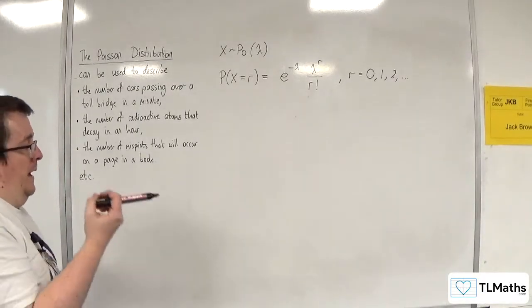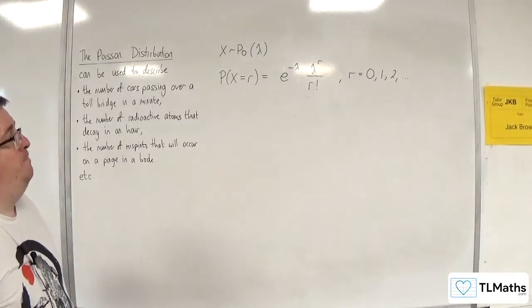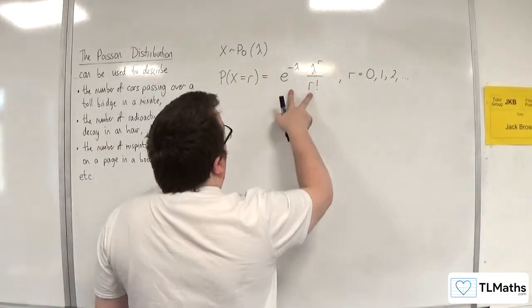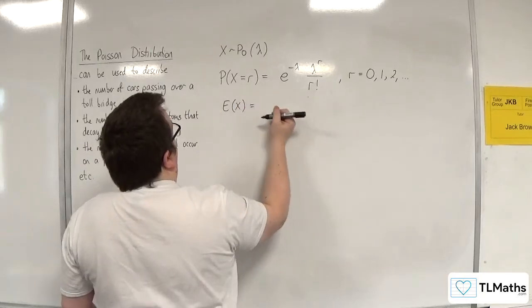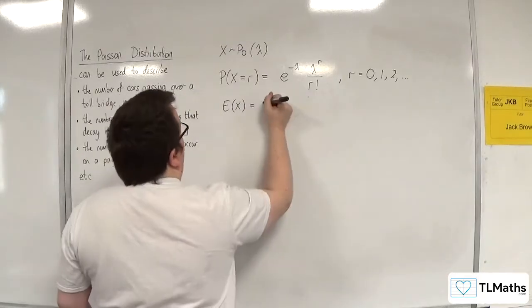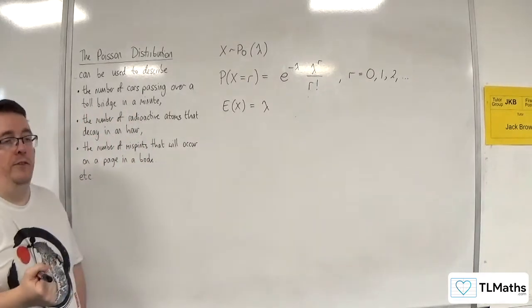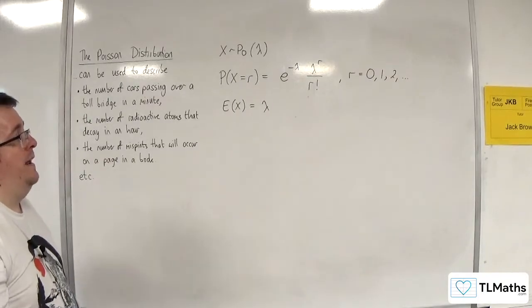Now, a couple of other things about the distribution itself. We also have E of X and Var of X. So while the probability formula is given to you in the formula booklet, E of X and Var of X aren't. It turns out that E of X, the expected value of X, is just lambda, the average rate, which probably isn't of great surprise, but it is something that we can prove, and we will in the next video.